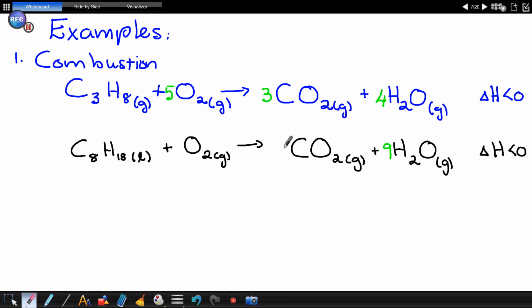If I do this, I'll have 9 plus 16, that's 25, an odd number of oxygens. I'm going to say 25 halves times 2. That will make 25.